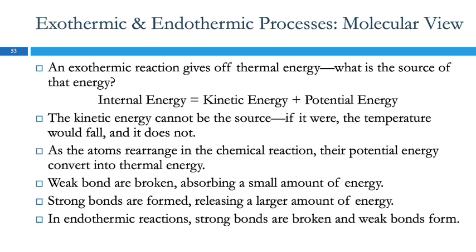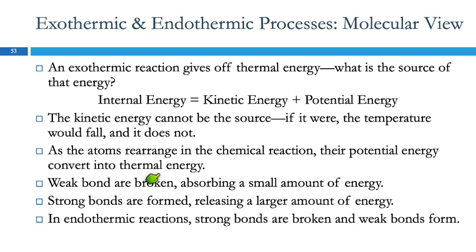So when something burns, the kinetic energy can't be the source, because if it was, the temperature of the object would get colder, right, as it lost kinetic energy. So that's not the case. It's the potential energy.